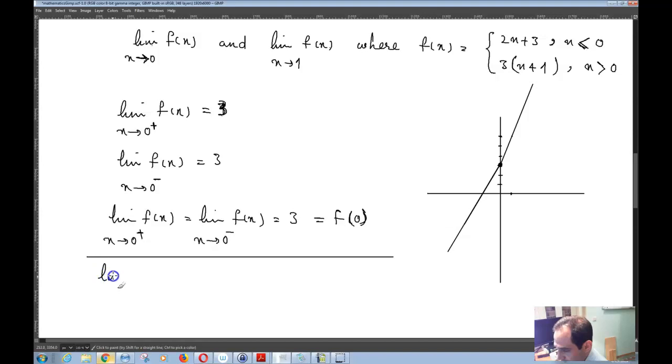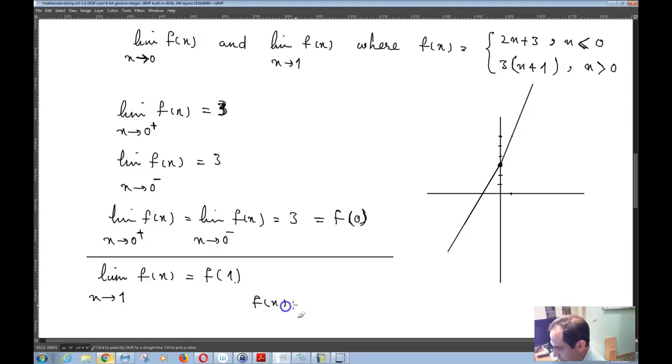If you want to find the limit of f of x when x tends to 1, you just simply evaluate the function at x equal to 1, and that would be f of 1. f of 1 has to be evaluated based on this part of the function, 3x plus 3.